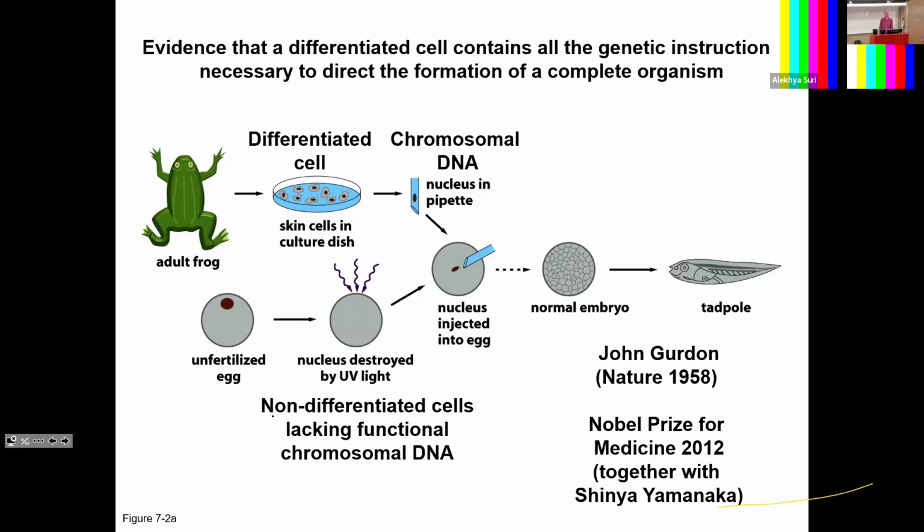And we would take an unfertilized egg, which is a germline cell, and destroy its own DNA. In this case, we use UV light. This damages the DNA, so it is not functional anymore.